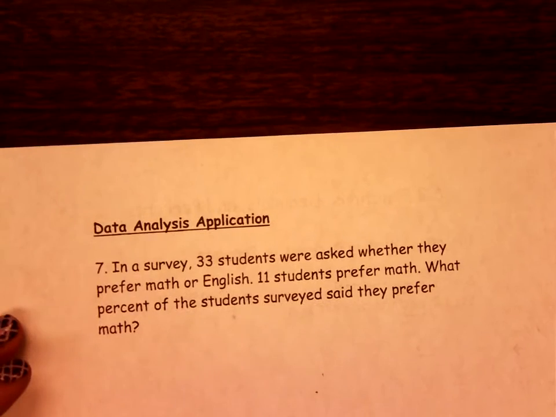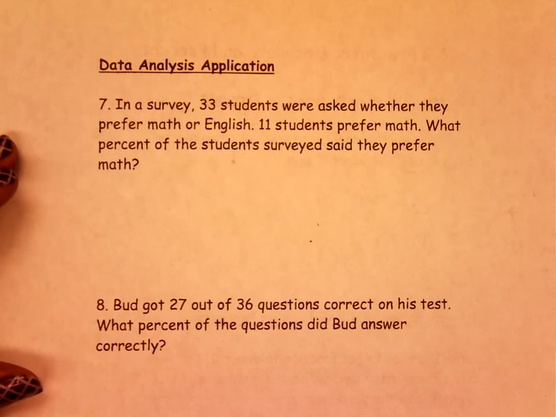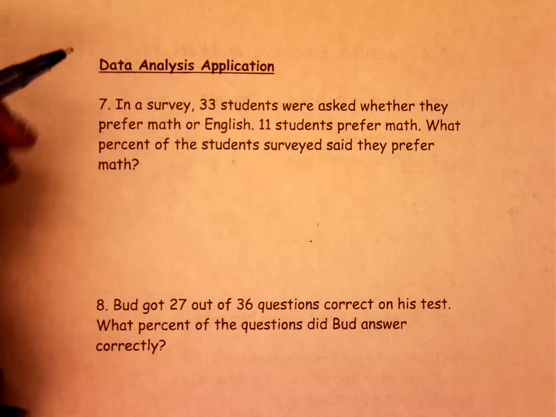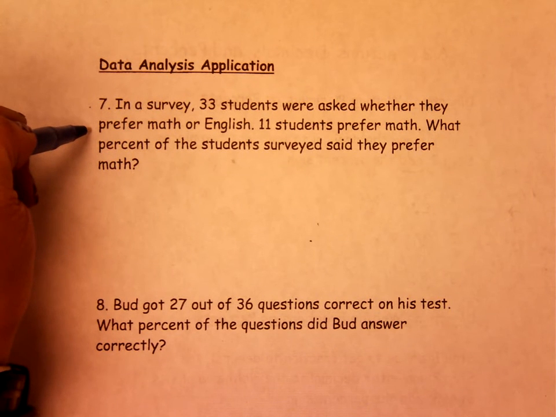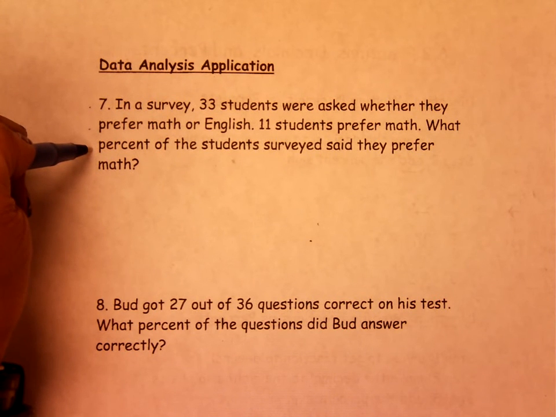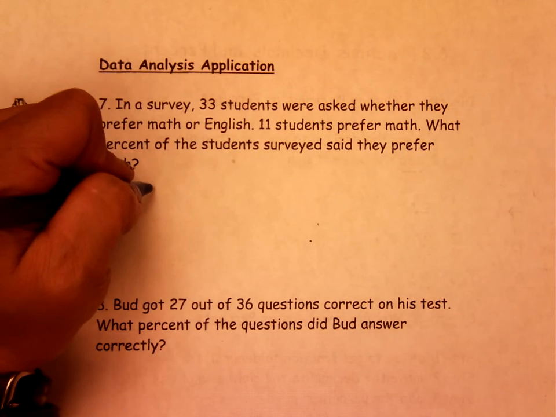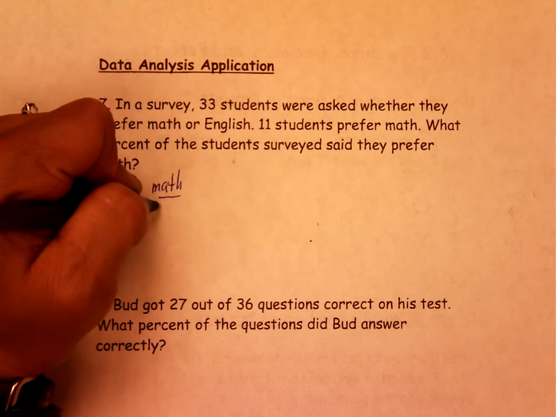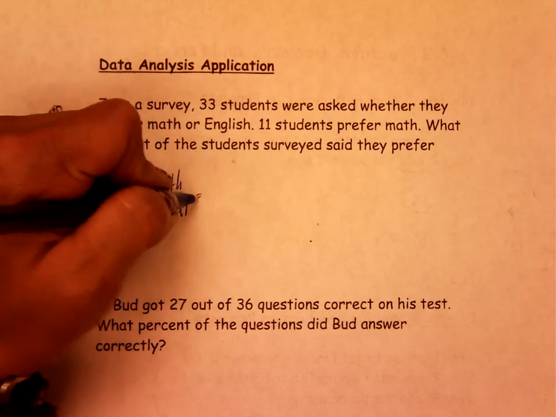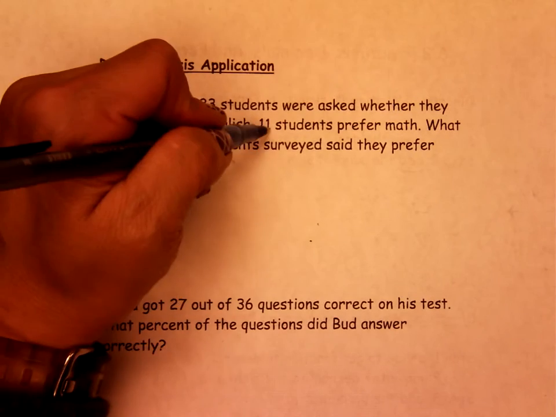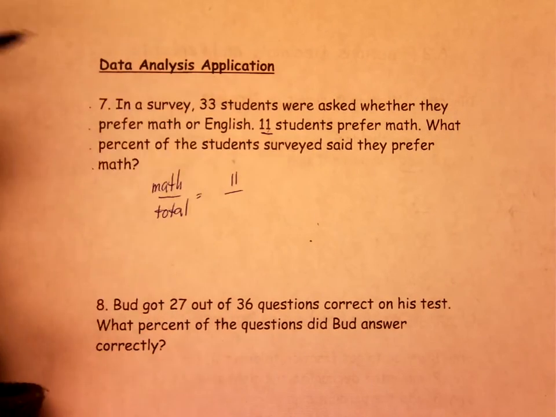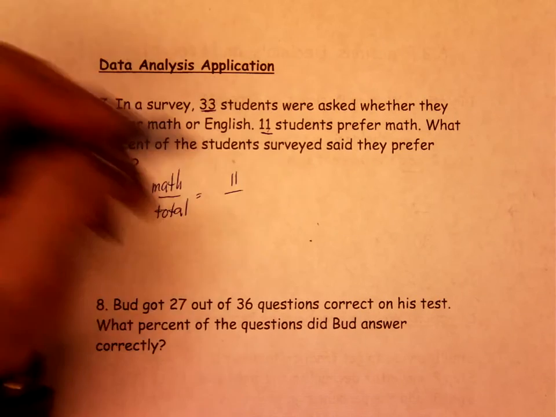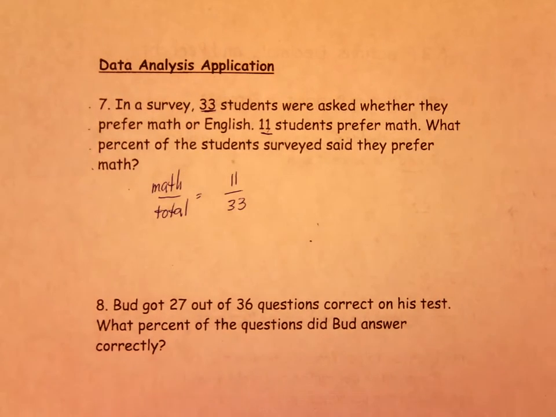Right, the last part is data analysis application. This is your word problem. So in a survey, 33 students were asked whether they prefer math or English. 11 students preferred math. What percent of the students surveyed said they prefer math? Well, this is really math over total. So how many students preferred math? Well, it says right here, 11. So it's 11 over total number of students in the beginning is 33. What I would do is I would reduce your fraction.